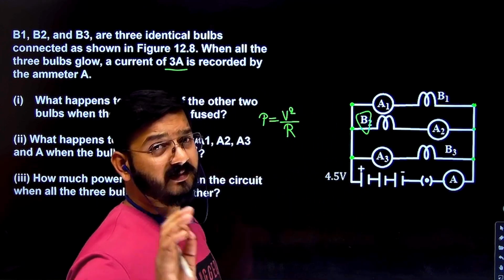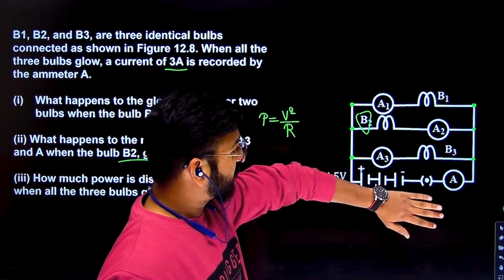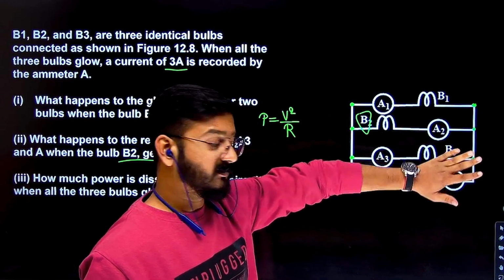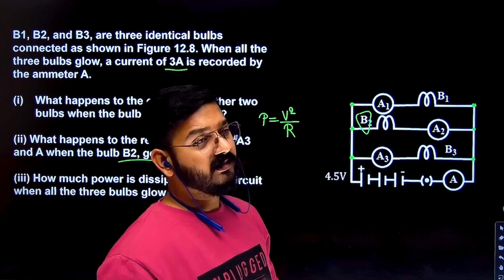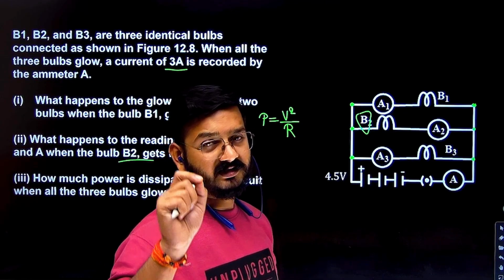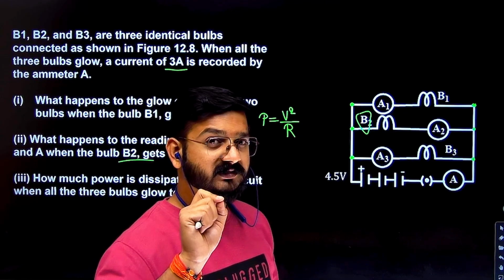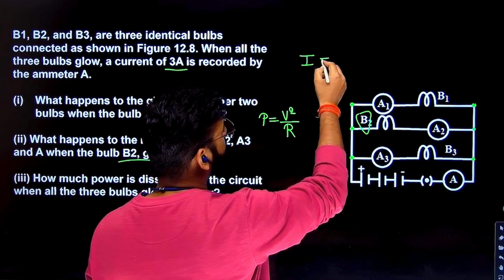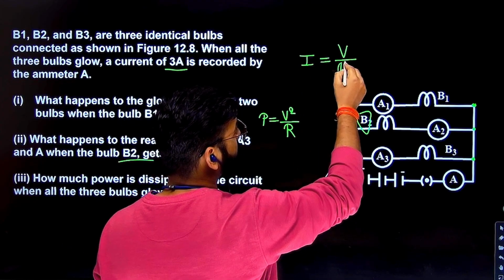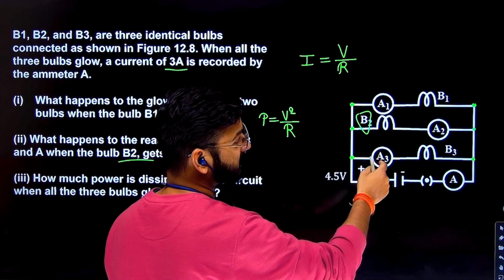So let's assume I am taking the initial scenario where these three bulbs are present and the current passing through them is 3 amps. If three identical bulbs are connected in parallel and let's assume that their resistance is R, what will be the effective resistance? R by 3. So total current will be equal to total voltage by total resistance. What is the total resistance?